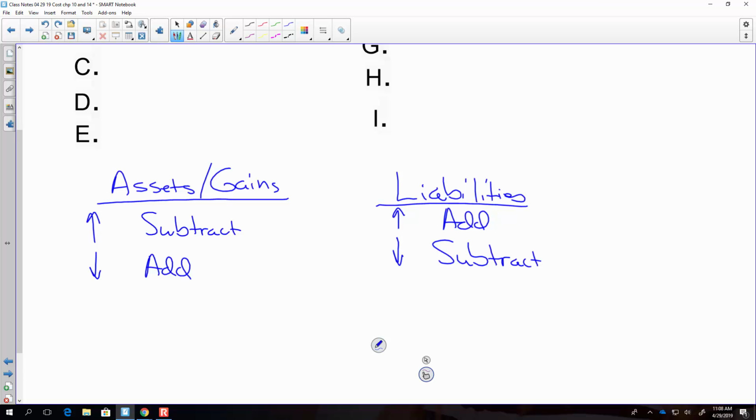If you got that little note, that will help on the test as to which direction. So we can put losses over here: you add if you have a loss, you subtract if you have a gain.